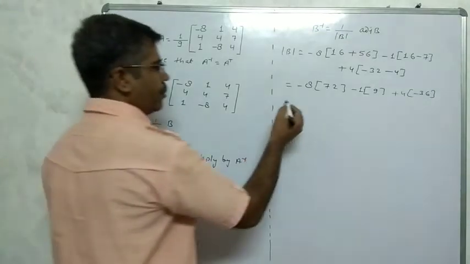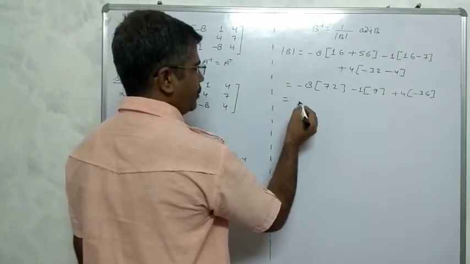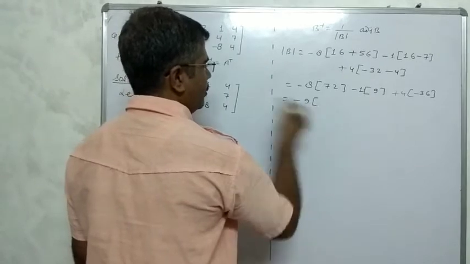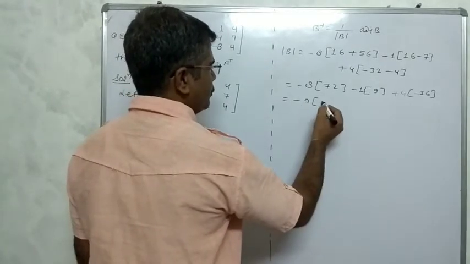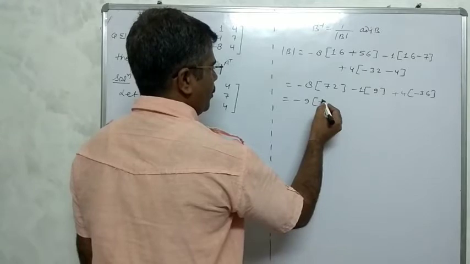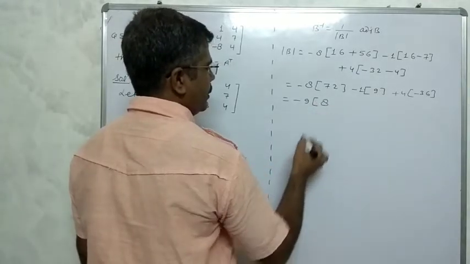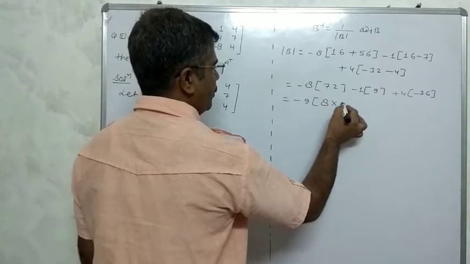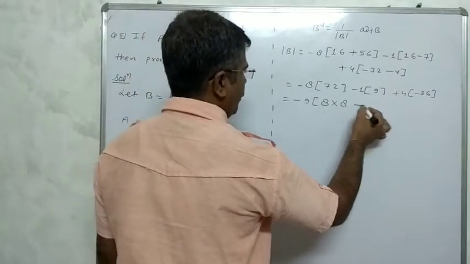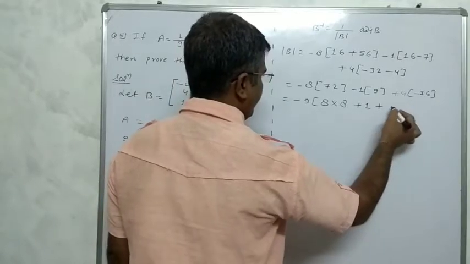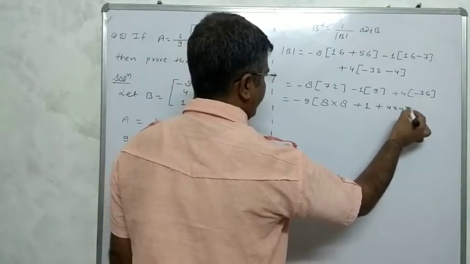If we take common minus 9, we have 8 into 8 plus 1 plus 4 into 4.